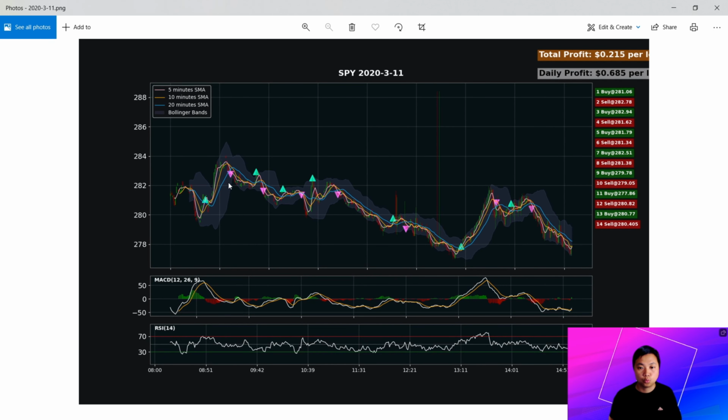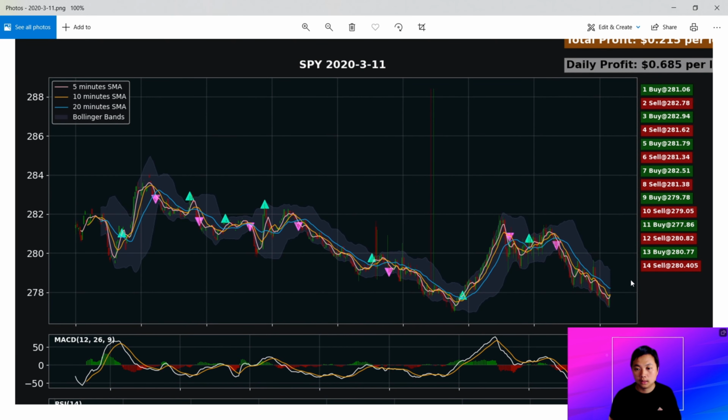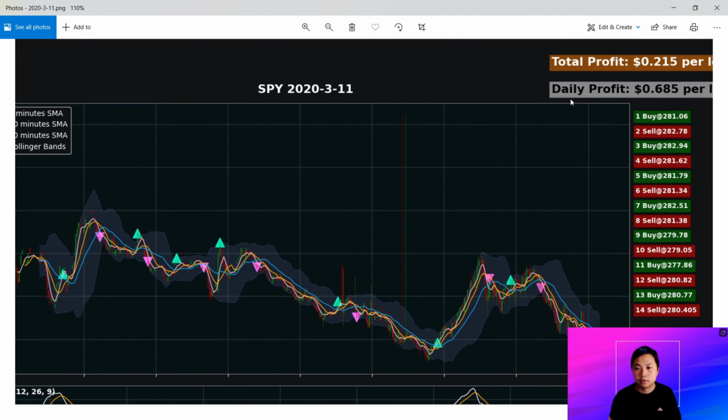Excellent. Now we have the trades over here. That is the scatter plot. And then we have the list of the trades throughout the day. And also we have the daily profits. And finally, we have the total profits. So far, we have 3 days, so the total profit is 0.215, something like that. When I save this image, it just cuts off some letters, so please feel free to move it a little bit to the left-hand side.